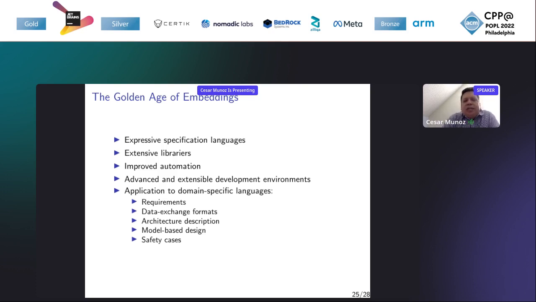So this is the time of doing embeddings, because we have all these nice utilities in theorem provers to do that. And there are plenty of specific domain applications where we can use the embeddings, like requirements, like data exchange formats, like architectural description kinds of languages, safety cases.